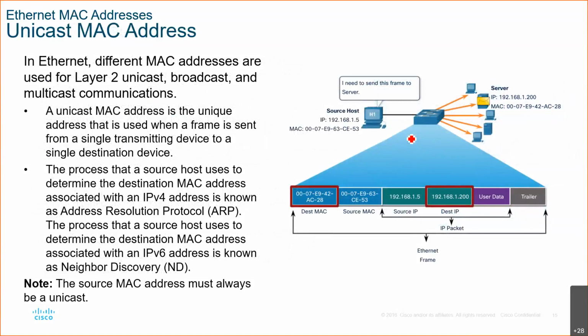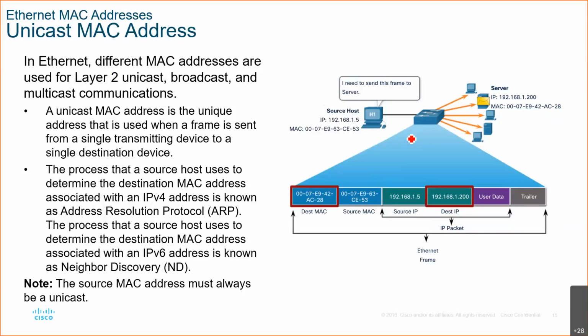Now, when you send data, we have studied that in a network we have unicast, multicast, and broadcast. So in your Ethernet, we have different fixed MAC addresses for unicast, broadcast, and multicast communications. Unicast is very straightforward.